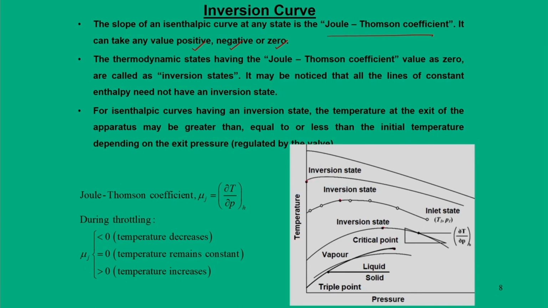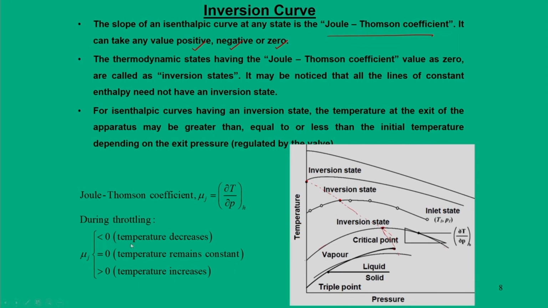So for each initial state of this curve we can in fact join all these points where there is an inversion. For example, if I am on this curve and I am moving towards the left, that means I am going in the direction of decreasing pressure, we can see the temperature first increases, followed by a drop in temperature.